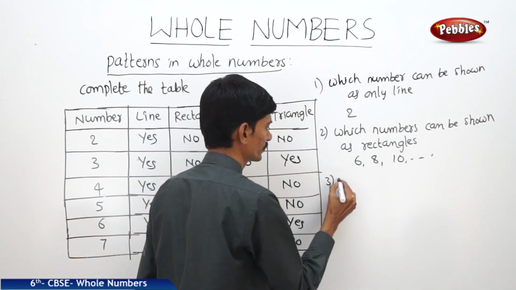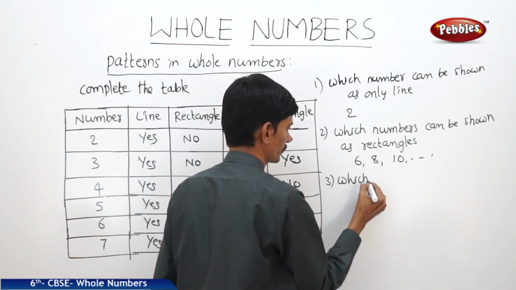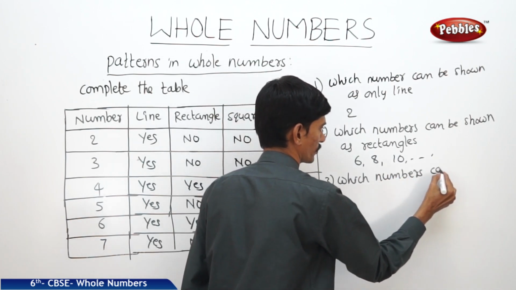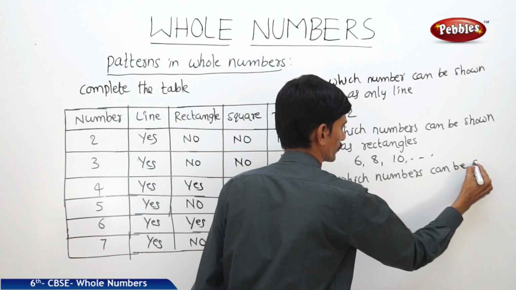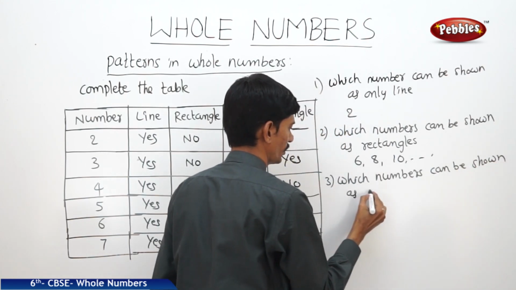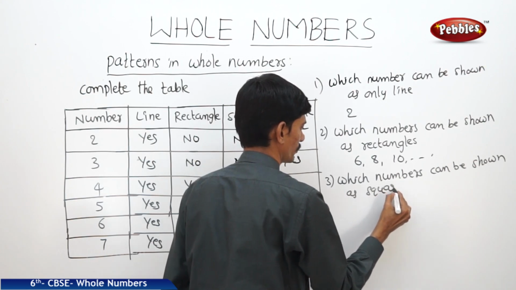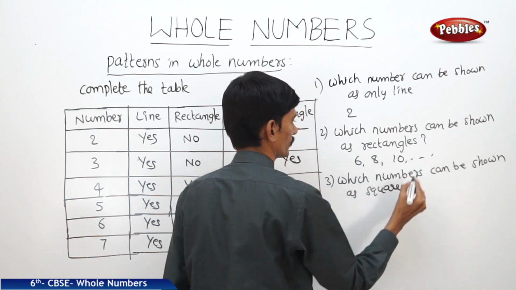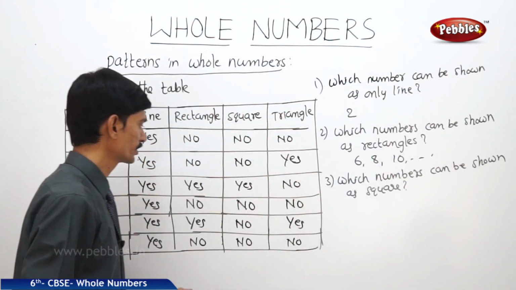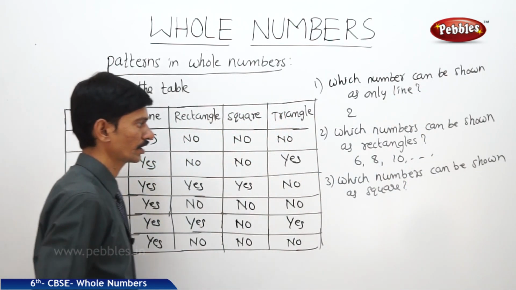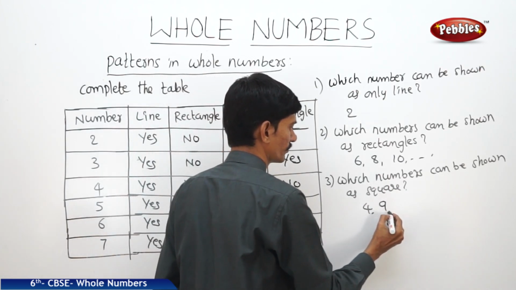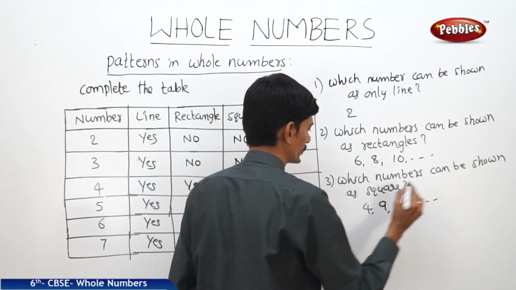Now which numbers can be shown as squares? Now the numbers which can be shown as squares are 4, 9, etc. So 4, 9 and 16 and so on.